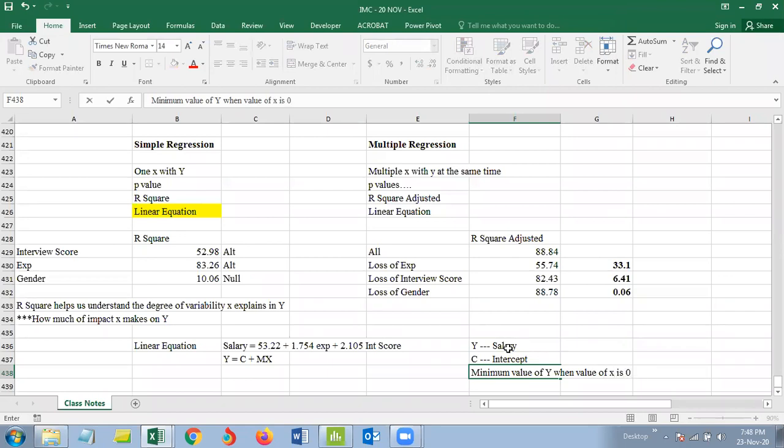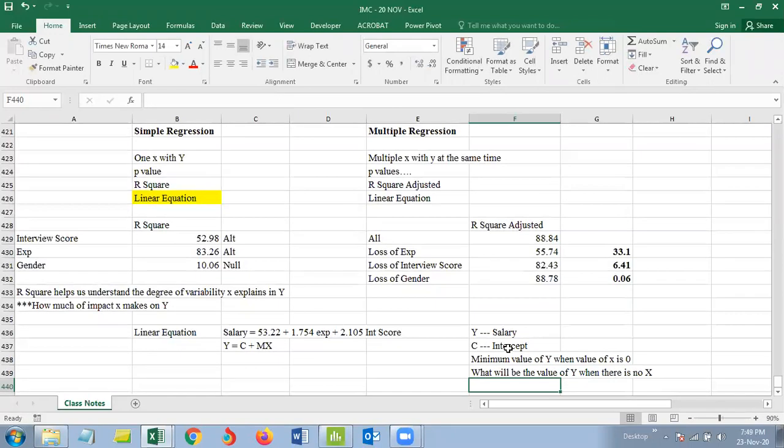What is the minimum value of Y when x is 0? We'll understand it with the calculation also, but keep this in mind. This is the bare minimum value of Y when there is no x. A simple, fixed, constant value. That's the layman language.